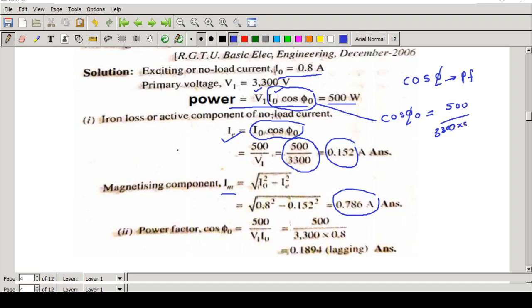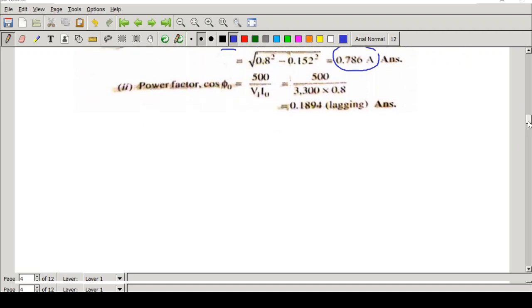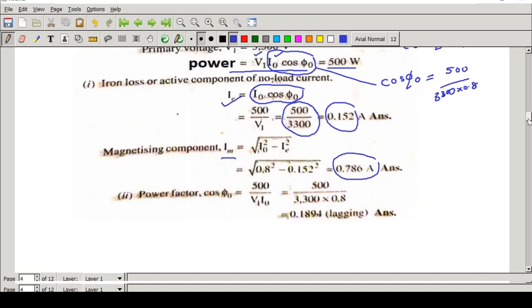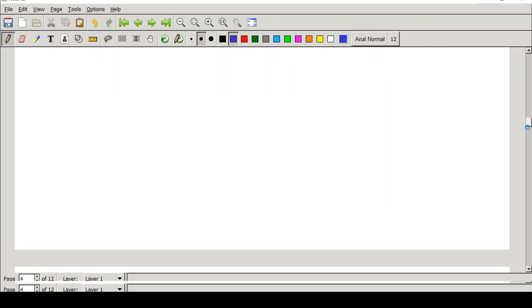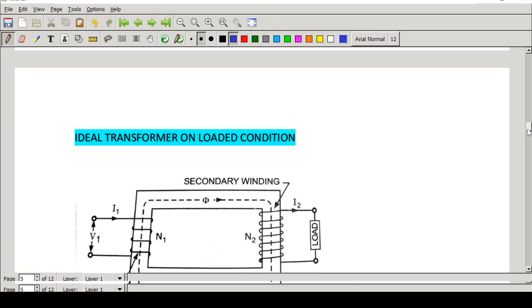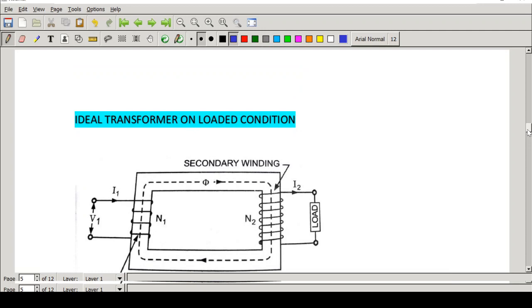From this you will get the value of the power factor. Okay, this is how you do this problem. So you will get the power factor as 0.1894.